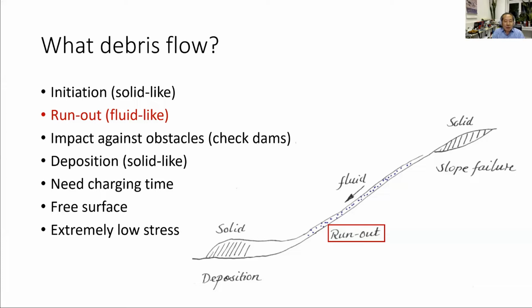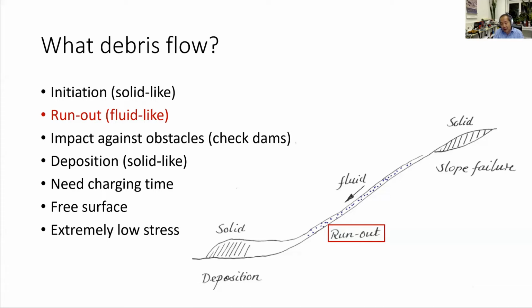And there is something I also want to tell you: debris flow needs a kind of charging time. This means that after debris flow happens in an area, it needs some time until some material is deposited on the slope, so you may have another major debris flow. Some of the characteristics which are very important for us: first the phase surface.